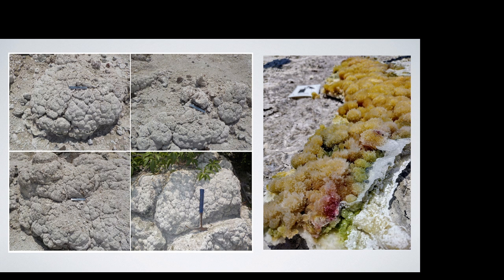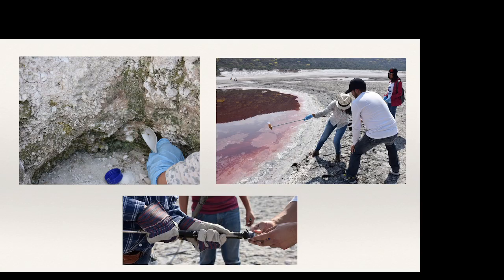Here, this is a microbial mat that we collected a month ago, and we can see that there's a growth of different minerals, mainly gypsum and salts.